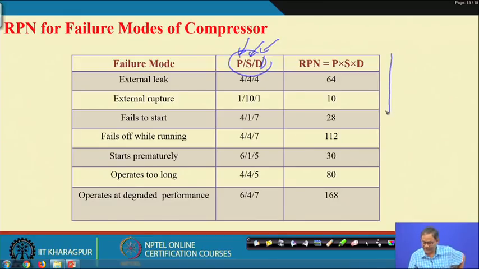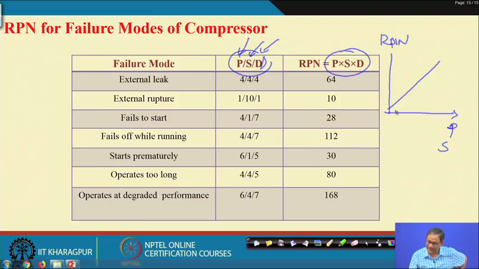So, RPN is something like this. With increase in probability, RPN increases, with increase in severity RPN also increases, but with increase in detectability RPN is decreasing. That is why we have used the reverse scoring here.